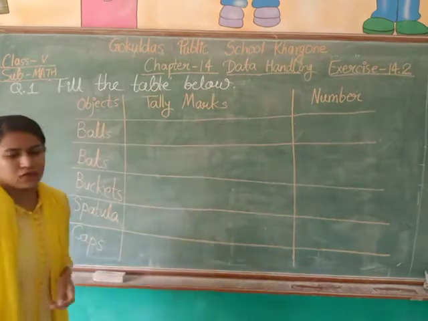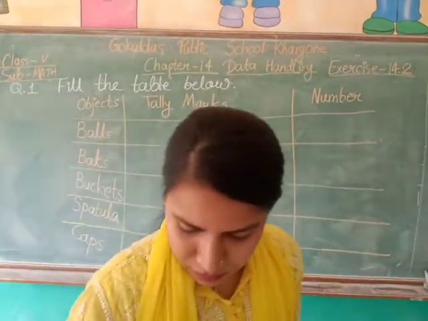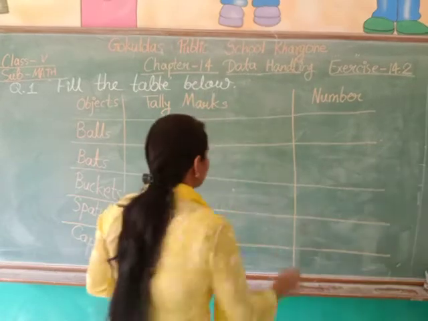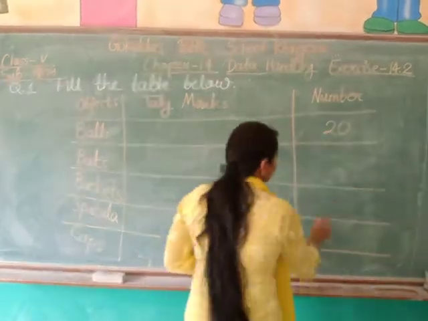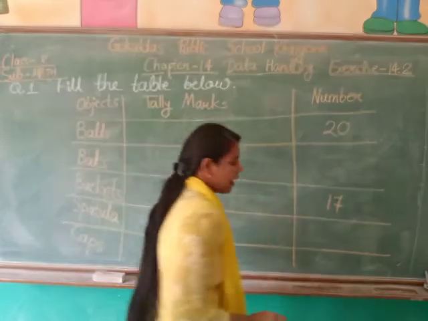Okay, so here number 20 is written. In the third row 17 is written here, right?